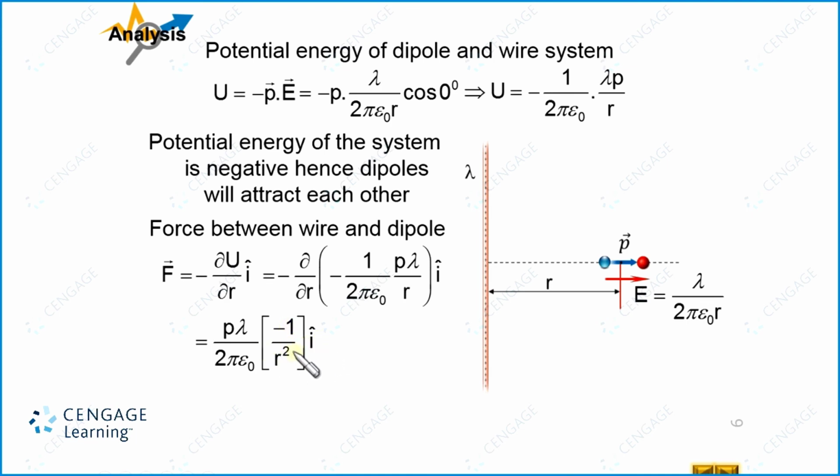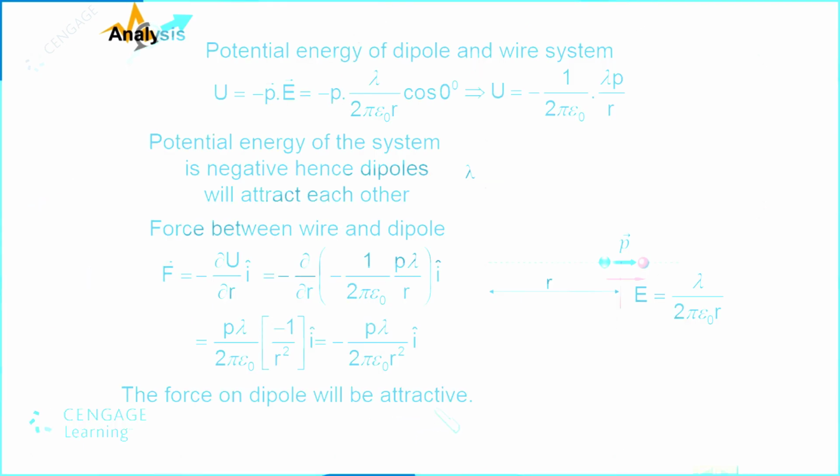Now we can rearrange this equation like this. So this value will be P lambda divided by 2 pi epsilon naught r square i cap, and as we discussed, the potential energy is negative, so the force is attractive, and we can observe through this vector equation the force acting on the dipole is in the negative x direction or leftward direction. So we can say the force on the dipole will be attractive toward the leftward direction.